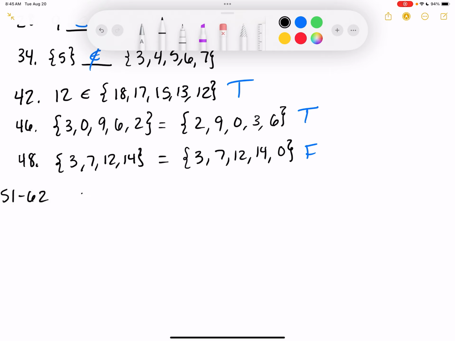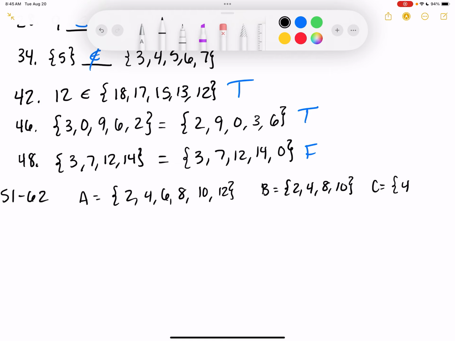They tell us that set A, well, I'll just write them all, is 2, 4, 6, 8, 10, and 12. Set B is 2, 4, 8, and 10. Set C is 4, 10, and 12. Set D is 2 and 10.